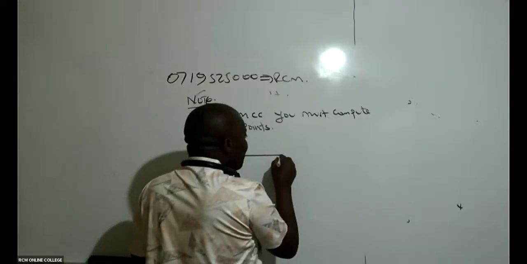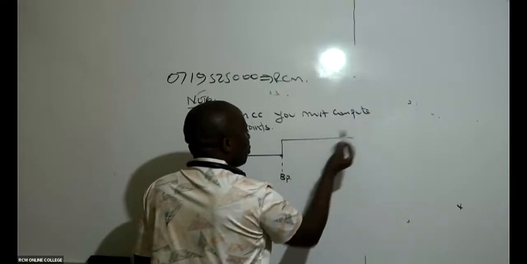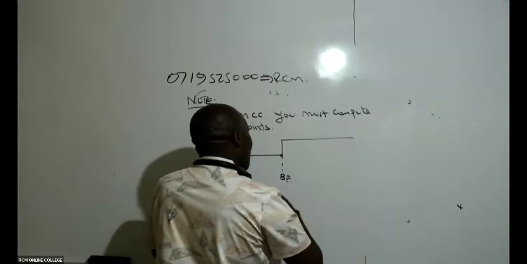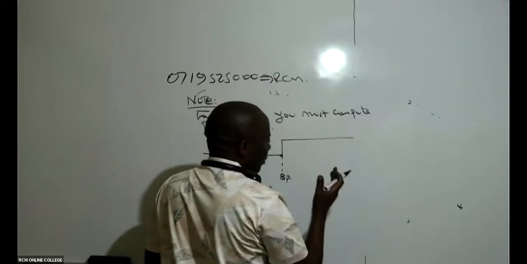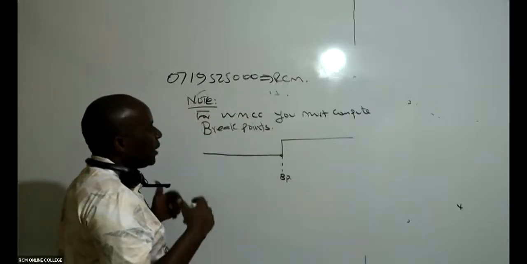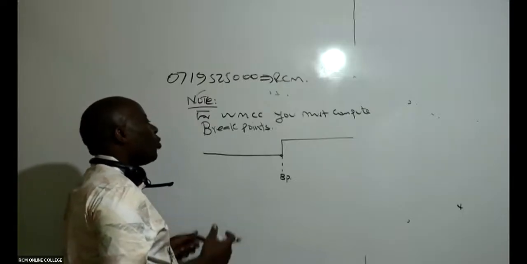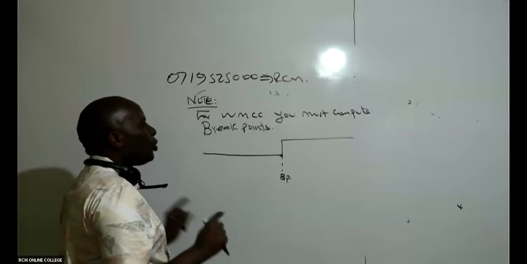Once you hit this breakpoint, then of course we expect the 12 to go up, maybe to 14. So the breakpoint is there to get rid of the discontinuity. And at the breakpoint, we expect the cost of capital of a firm to change.